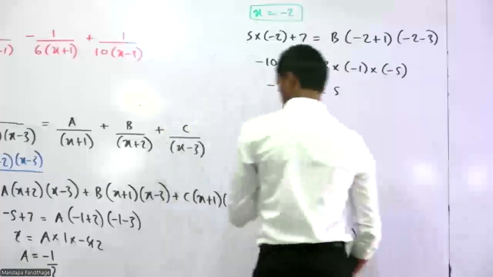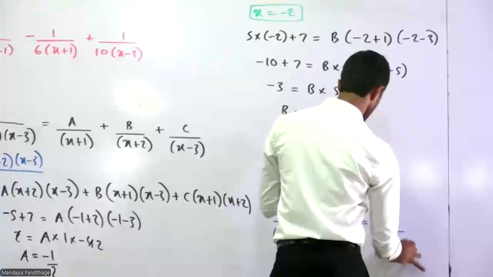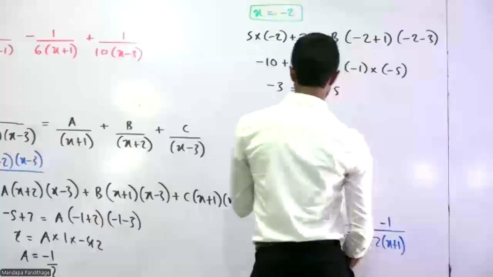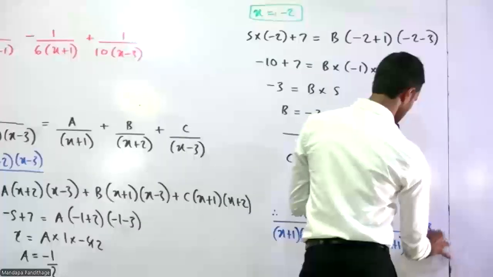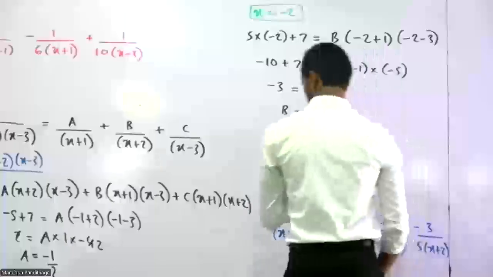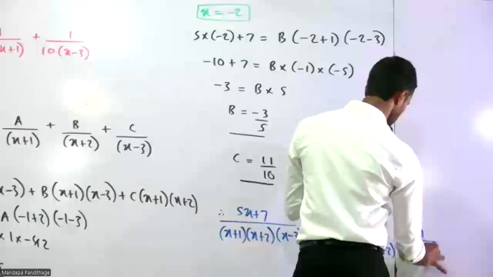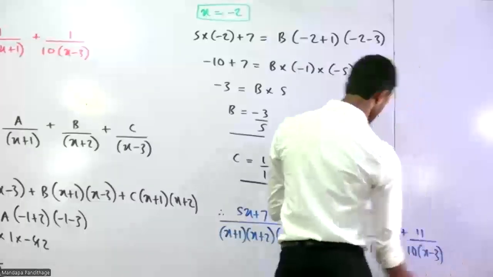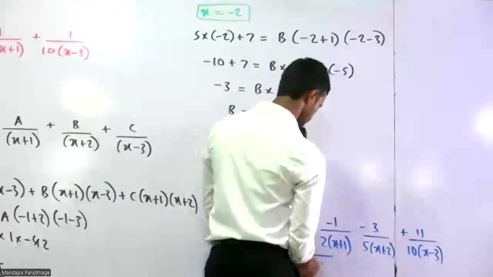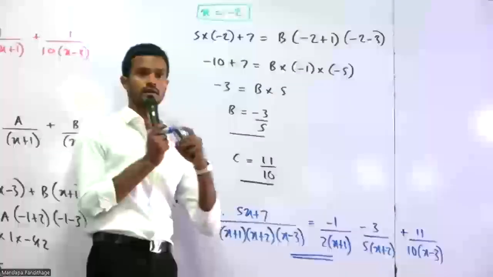What is a? a is minus half. So minus 1 over 2 times (x plus 1), 2 comes down. And b is minus 3 over 5 times (x plus 2). And c is 11 over 10 times (x minus 3). Okay. Hands up who got question number 17 correct.